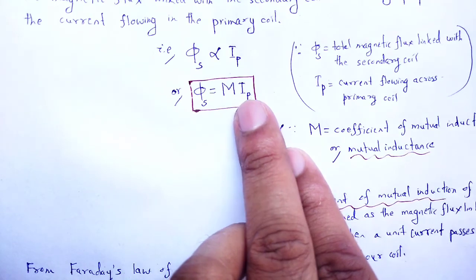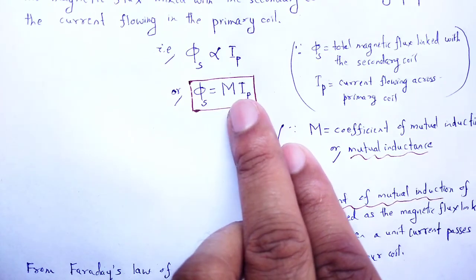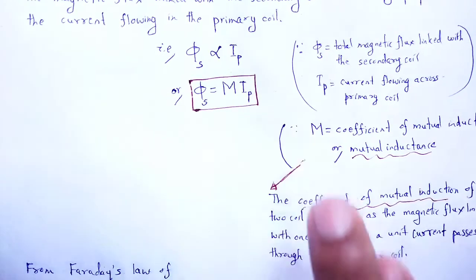So, in place of phi by I1, I can substitute M21.